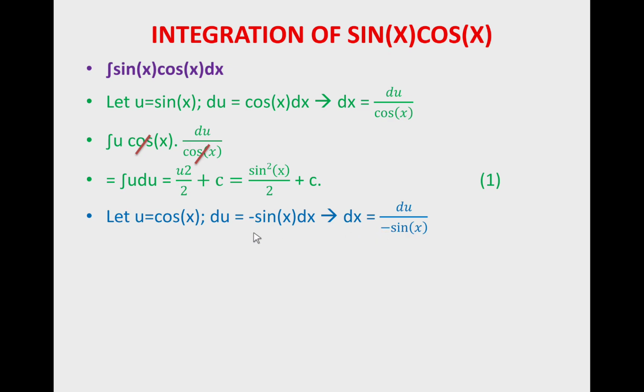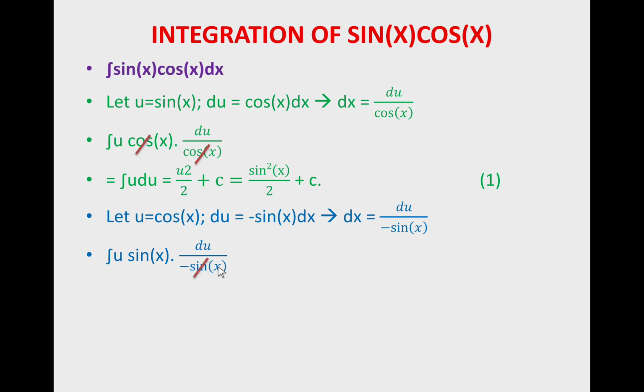Now that we have the value for cosine x, which is u, and the value for dx, we go to the original function and replace cosine x by u, leave sine x the same, and replace dx by its equivalent, du over negative sine x.